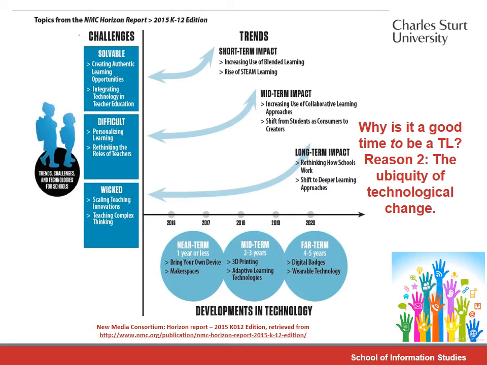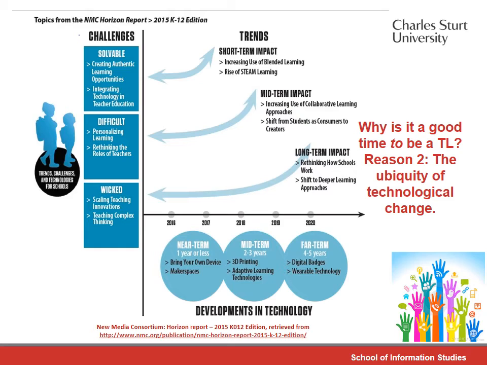If you look at the trends here, short term, mid-term, long term, interesting ones, the use of blended learning, STEAM learning, and their mid-term impact, the increasing use of collaborative learning approaches such as inquiry learning, and the shift from students as consumers to creators.